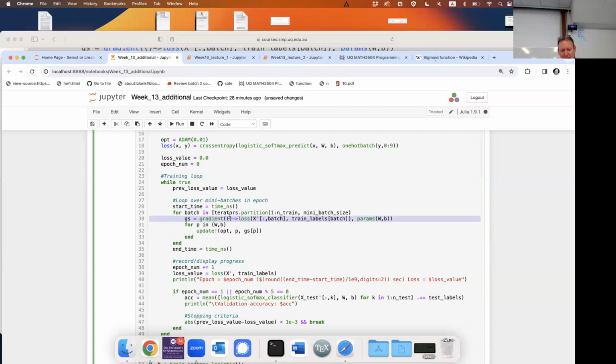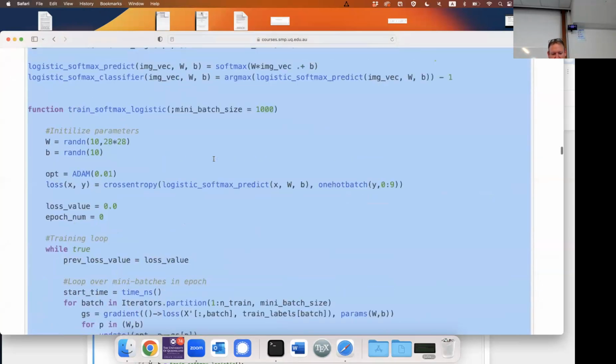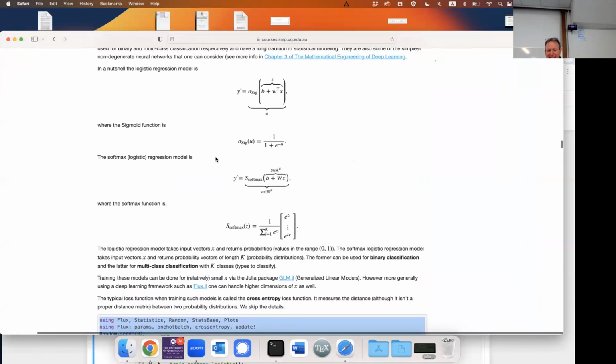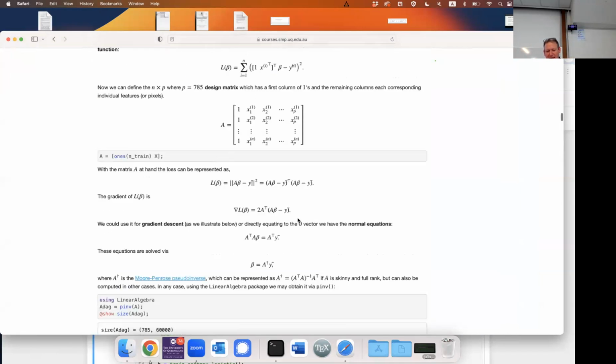Now, a caveat. I must say that for logistic regression, this is really not needed. Similarly to how in linear regression we have an explicit expression for the gradient, in logistic regression you also have an explicit expression for the gradient. You can write it out, okay?